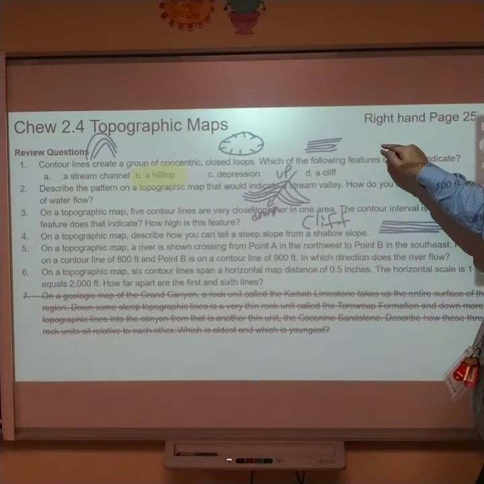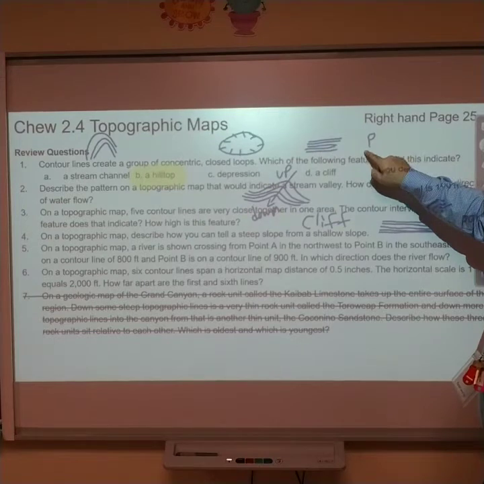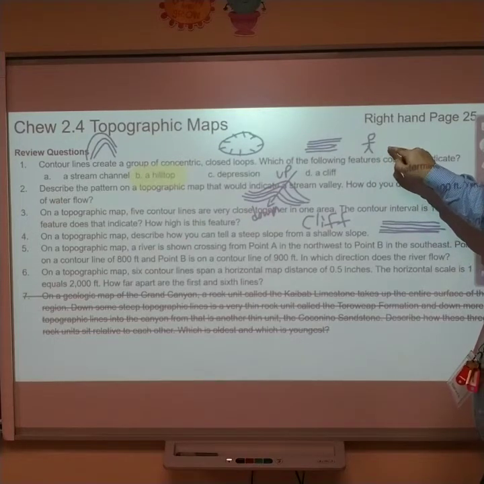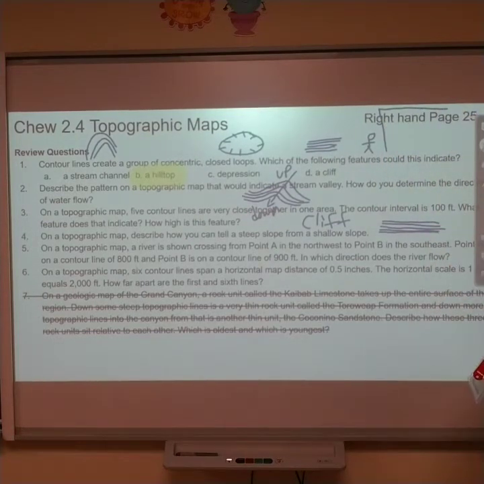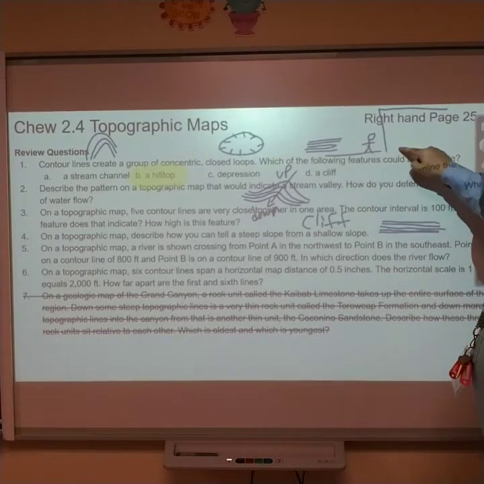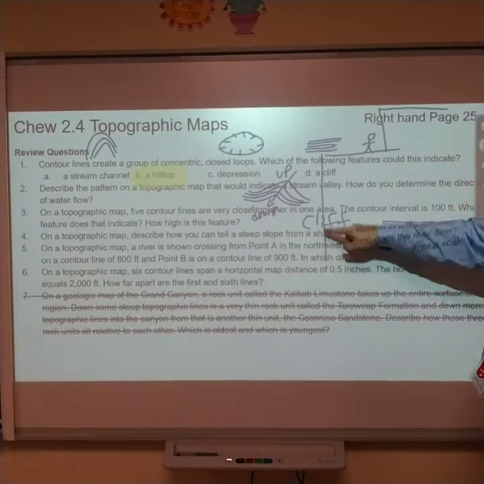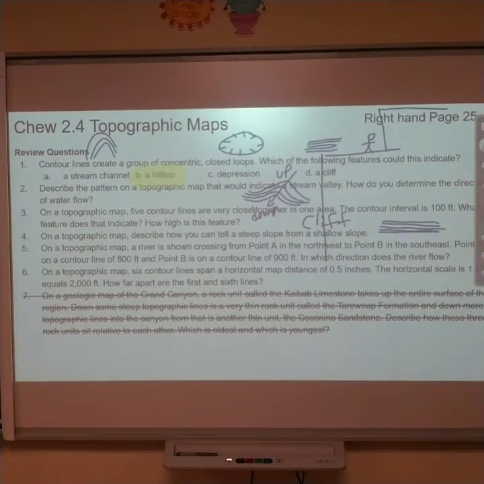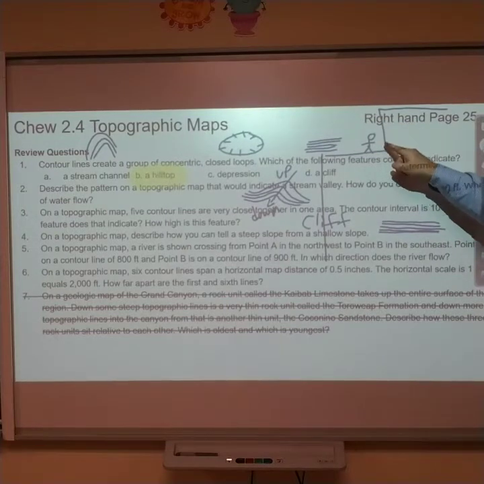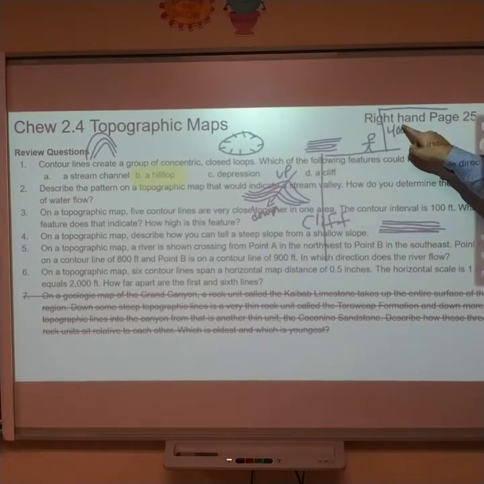So you might be down here, and it might look like that. Okay. Now you could be on a plateau. This could be another cliff. Right? But this part right here is what we're talking about. That's 400 feet high.